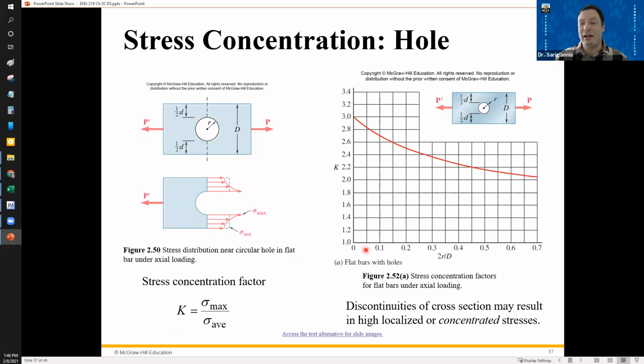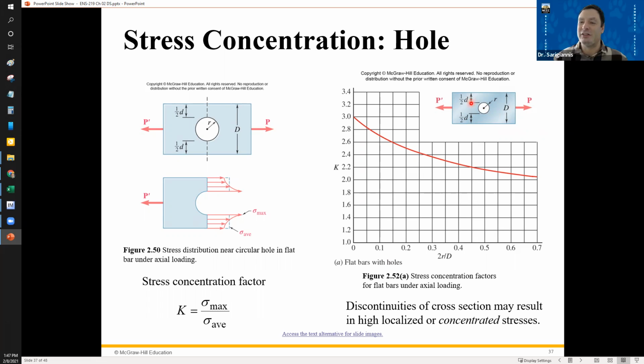You can see in this table that it's a fairly dimensionless constant that depends on ratios of things, right? So for example, your stress concentration factor is going to depend on these dimensions. When you look at a table like this, there's typically a key that tells you, okay, this is your radius, and this is half d, whatever d is, D.